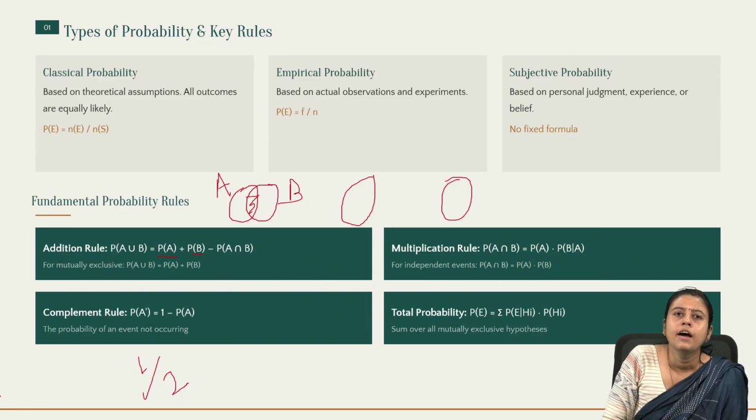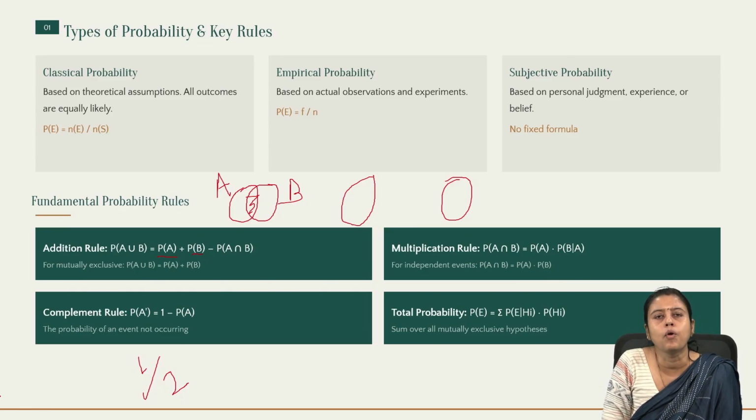So what is the value of tail coming? 1 minus 1 by 2 is equal to half. So this is the probability of an event not occurring. What is the meaning of complement? The event which is not occurring. From the data of only head, we can tell the probability of getting a tail in tossing a coin.